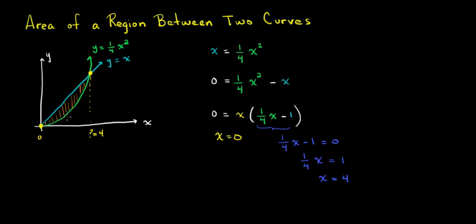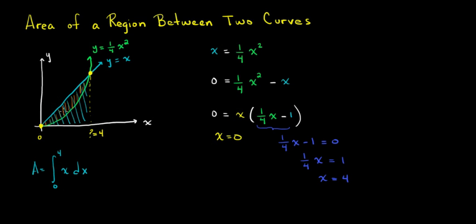If I had just asked you for the area underneath the curve, all of this right here, you would say the area is given by the integral from 0 to 4 of my function x dx. This gives you the entire area underneath y equals x.